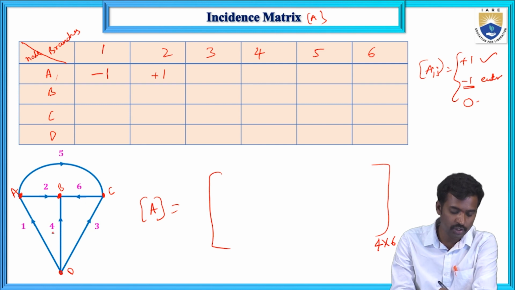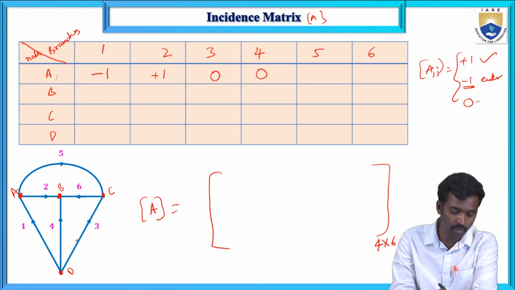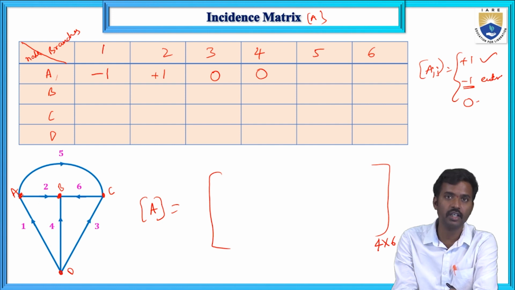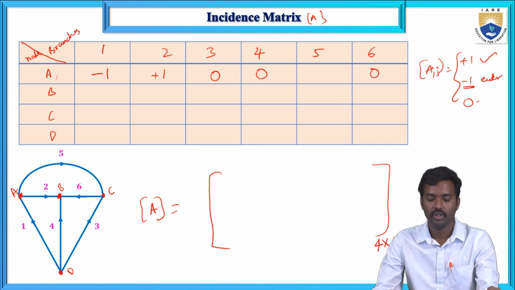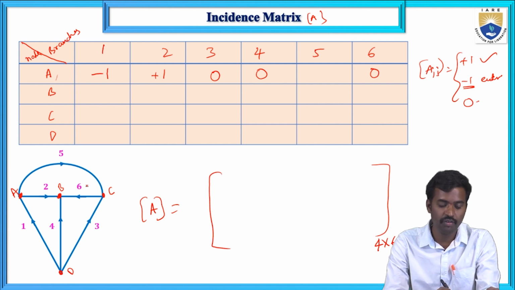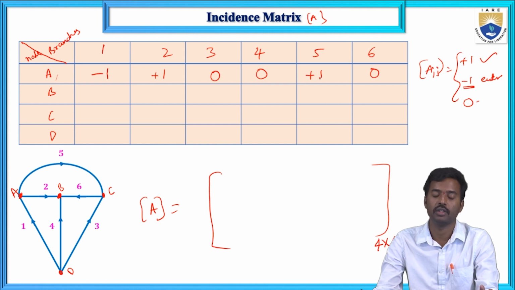And branch 3, branch 4 and branch 6: branch 3 is not associated with node A, and branch 4 is also not associated with node A, so this value is 0, and branch 6 is not associated with this one, 0. Next, branch 5 is leaving away from the node, so you can take this one as plus 1.